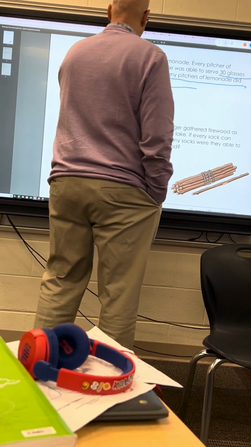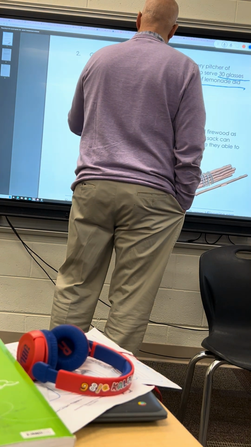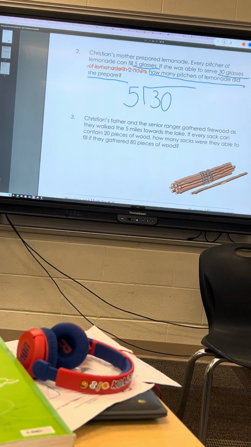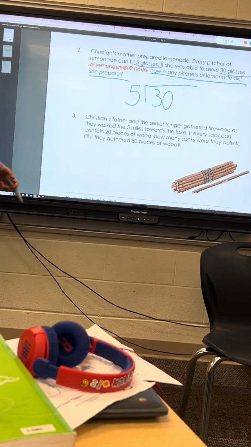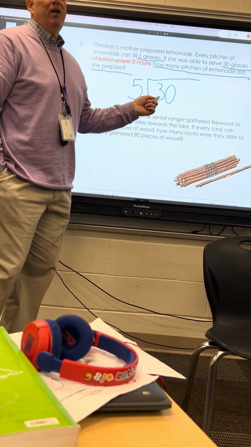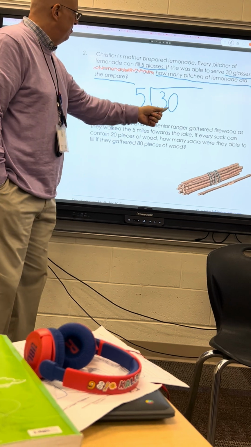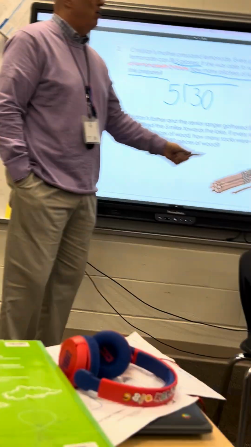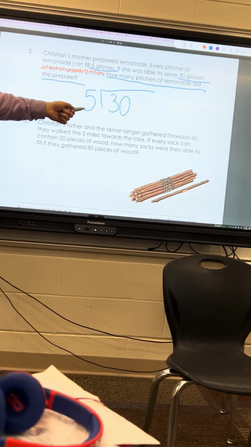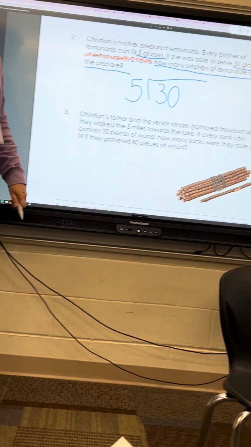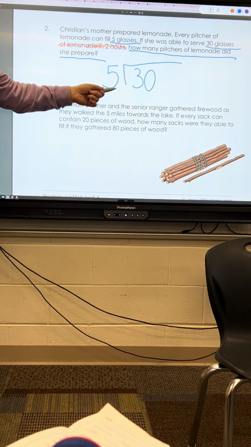There you go. She served 30 glasses in all. This is the big number that you're trying to break apart. Each pitcher can fill 5 glasses. That's the number we're dividing by.